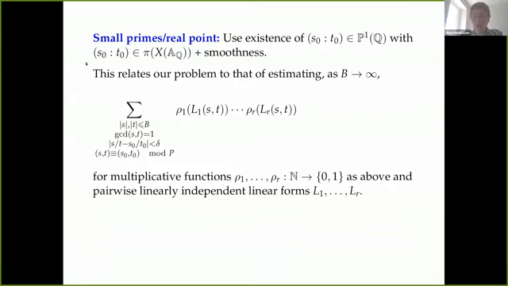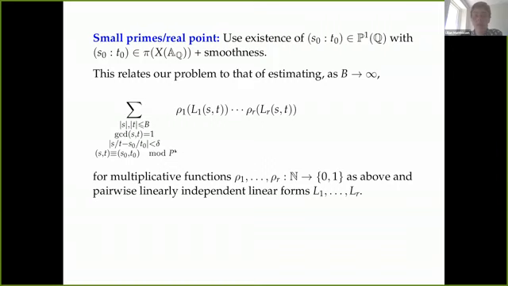So our sufficient condition can now be expressed as a counting problem, which is to count the points on the projective line of height at most B. Counting points on the projective line means that we have to ensure that the coordinates are coprime. We count only points that are sufficiently close to the point S0, T0 in the real distance, which is encoded in this third condition.